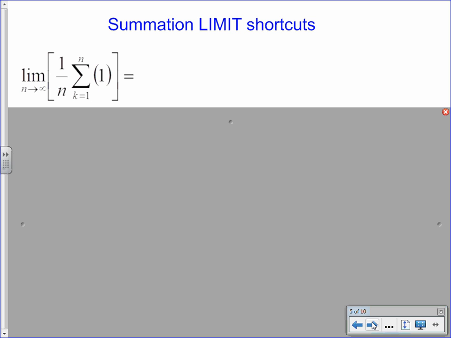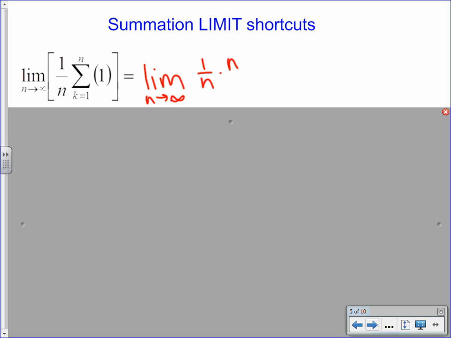So we have 1 over n times the summation from k equals 1 to n of 1. You guys did awesome on yesterday's quiz. What is the summation from 1 to n of 1? It's just n, right?